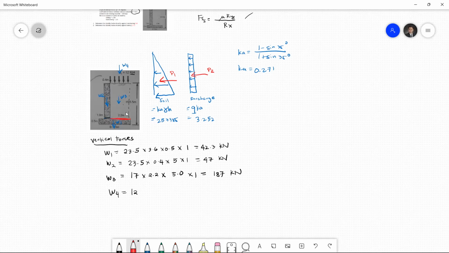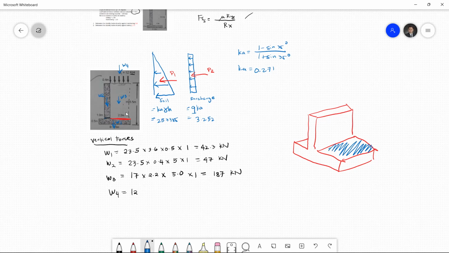Okay? So parang ganito yan eh. So meron kang ito yan, di ba? Okay? So dito mag-a-act yung ating soil and the surcharge load.